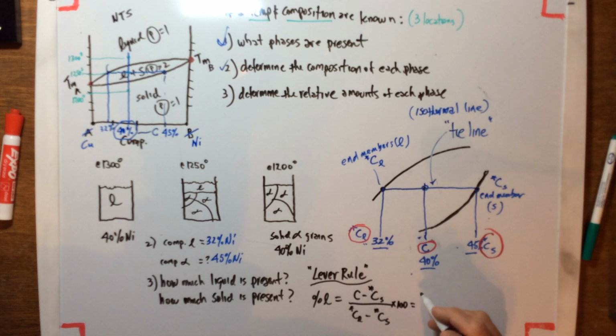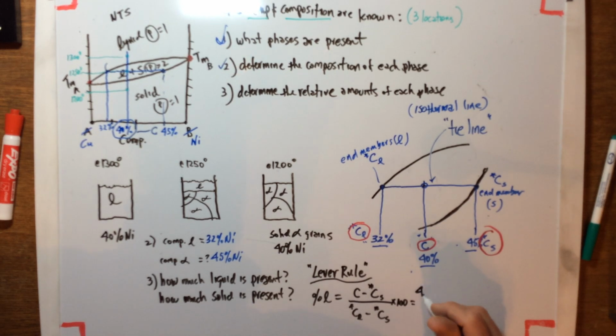So now plugging in real values here, this would be 40 minus 45 divided by 32 minus 45, and again, the negative sign means nothing to us. Okay, so when we do that, we're going to essentially come up with 38% liquid.